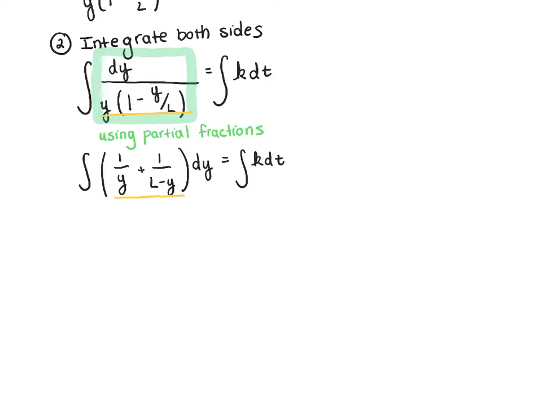So now when we integrate this, this actually becomes pretty easy because we can just do this term by term. The antiderivative of 1 over y is going to be the natural log of y.